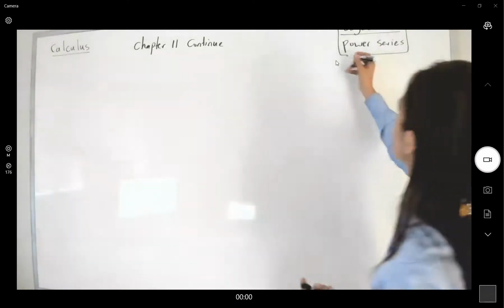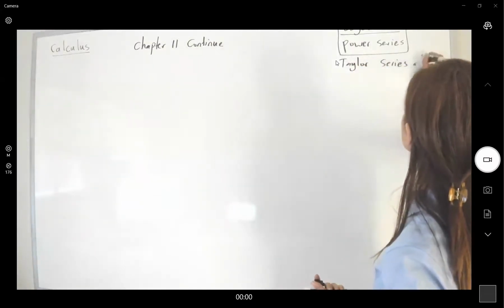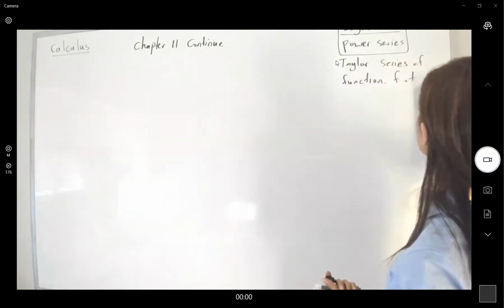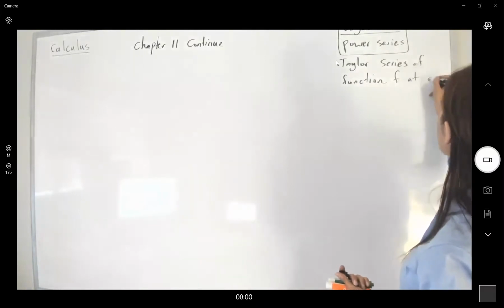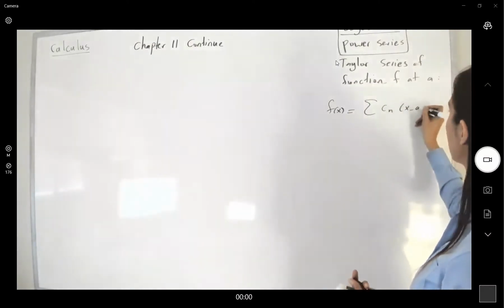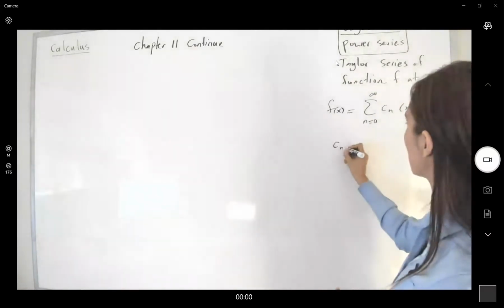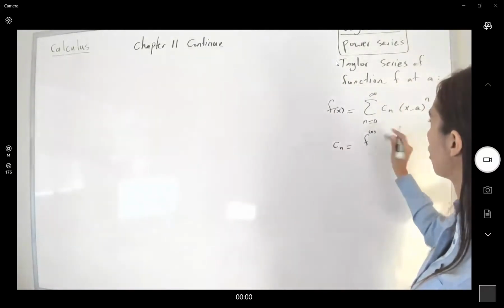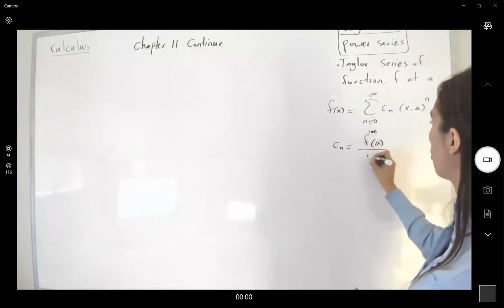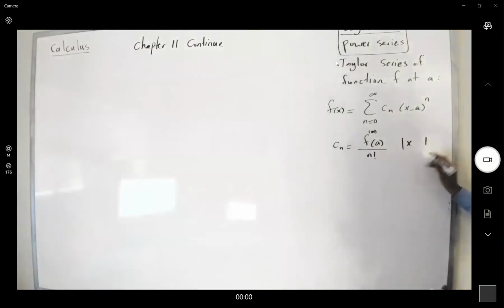So the Taylor series of function f at a is f of x equals the sum of c sub n times x minus a to power n, starting from 0 and going to infinity. c sub n is the nth derivative of f evaluated at a over n factorial, and the distance between x and a is less than r.